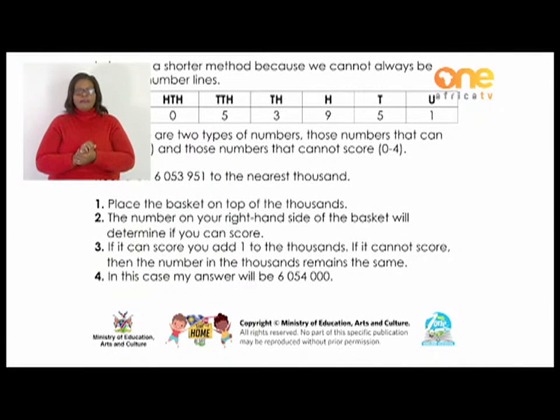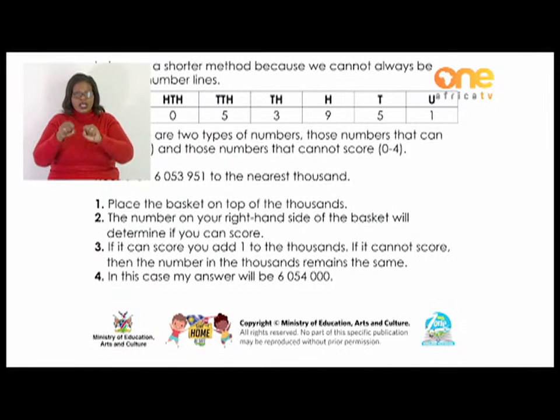Number 1, you need to place the bucket on top of the 1,000. The number on your right-hand side of the bucket will determine if you can score. If it can score, you add the 1 to the 1,000.